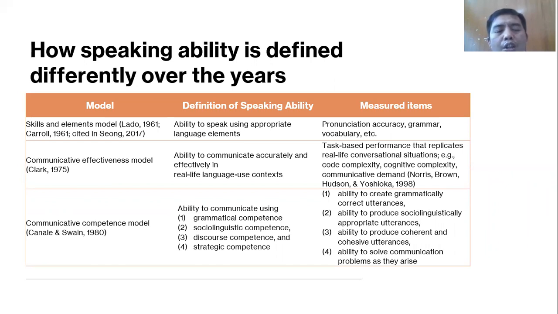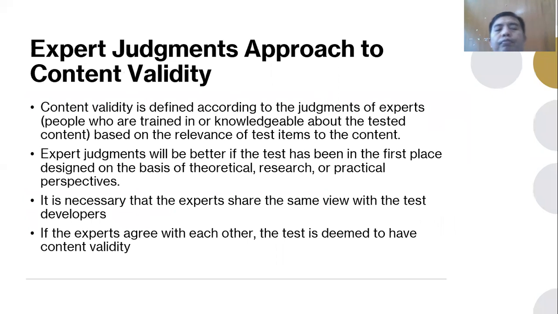If you are using this theoretical framework for constructing your speaking ability test, then your test will probably measure such things as the ability to create grammatically correct utterances, the ability to produce sociolinguistically appropriate utterances, the ability to produce coherent and cohesive utterances, and the ability to solve communication problems when they arise.